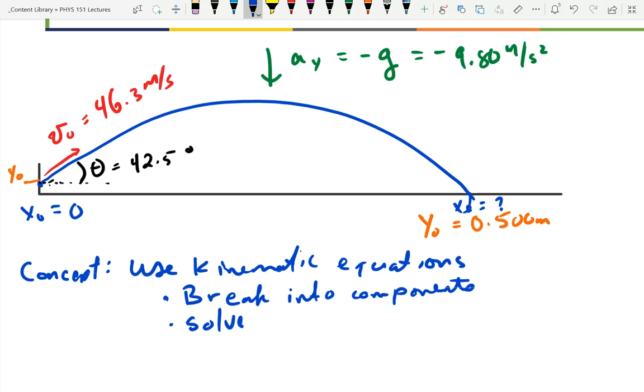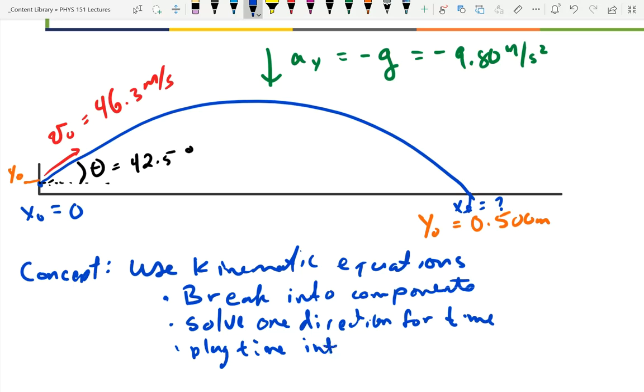Oh, the time. The time is the same for both. So solve one for time. So there's the method I'm going to use right there.